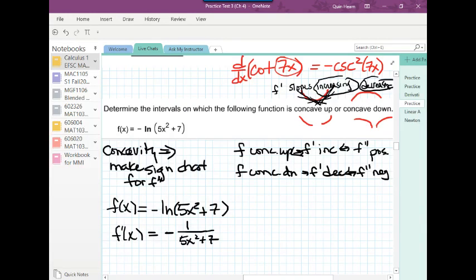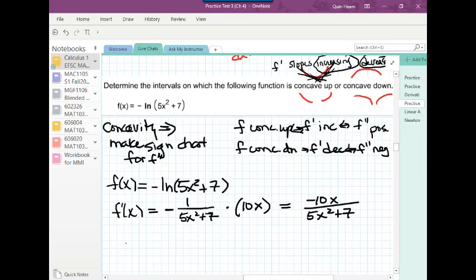And if f is concave down, that means f prime is decreasing, which means f double prime is negative. And the reverse is true. If you know f double prime is positive, that means f prime is increasing, which means f is concave up. So all we have to do is make a sign chart. When we want concavity, you have to make a sign chart for the second derivative.